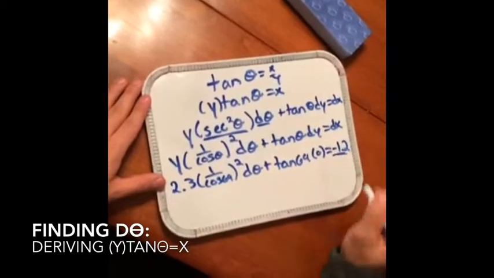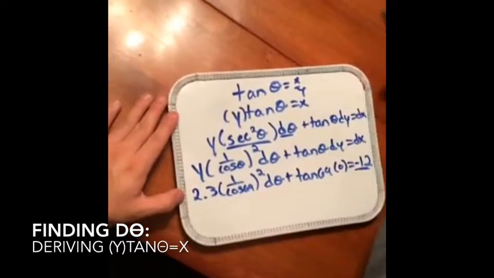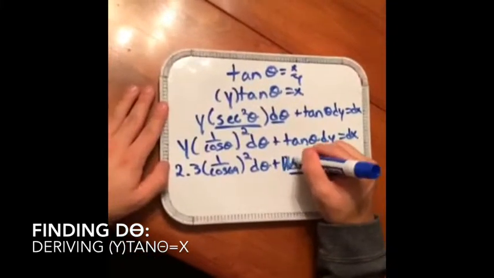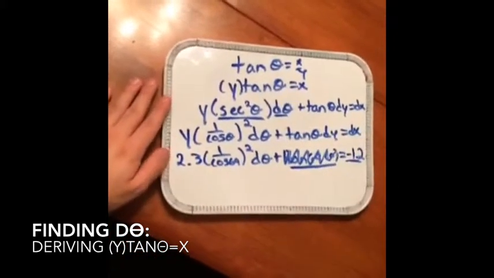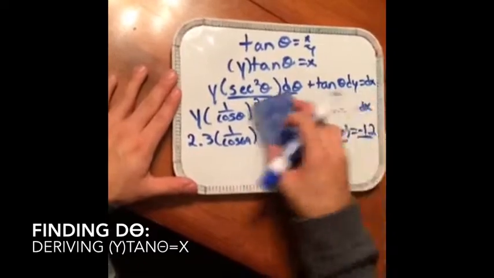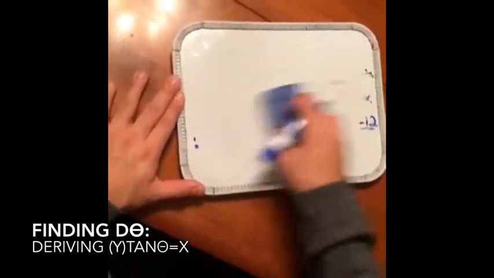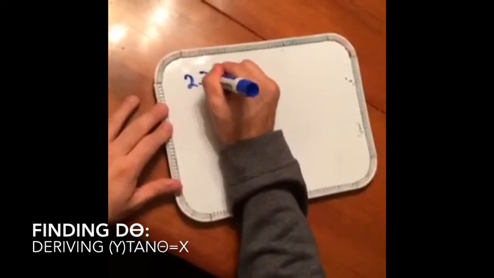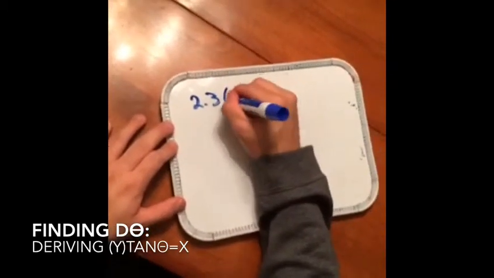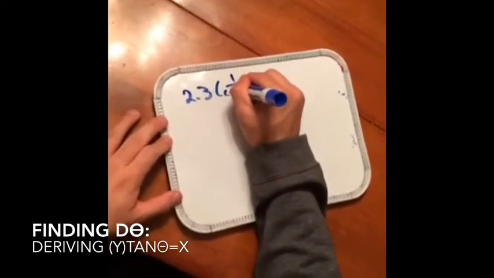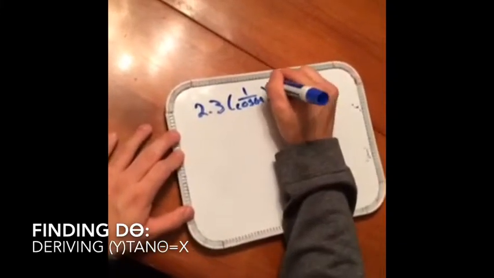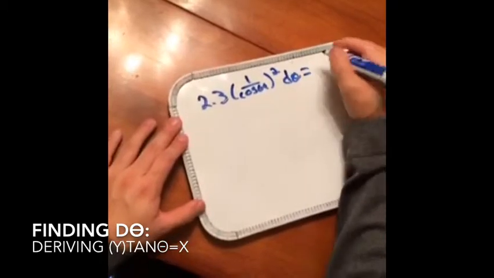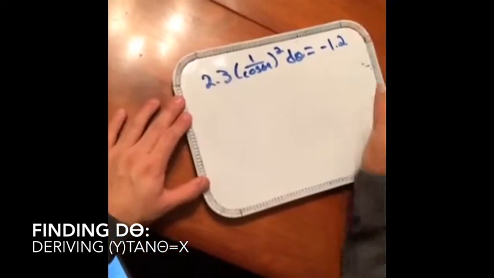So since this part is 0, this whole entire second half of the product rule cancels out. What that'll leave us is 2.3 times 1 over cosine 69 squared times d theta is equal to negative 1.2.